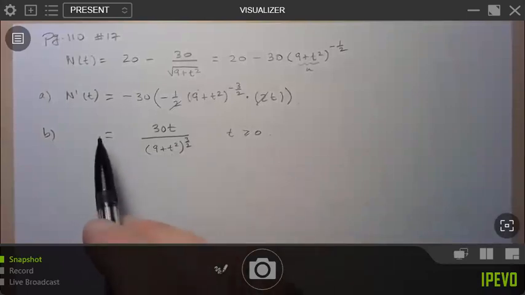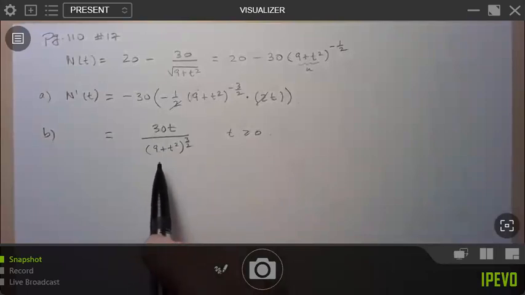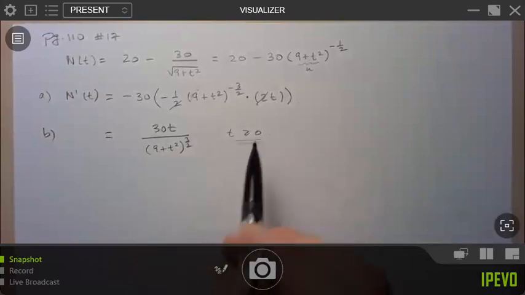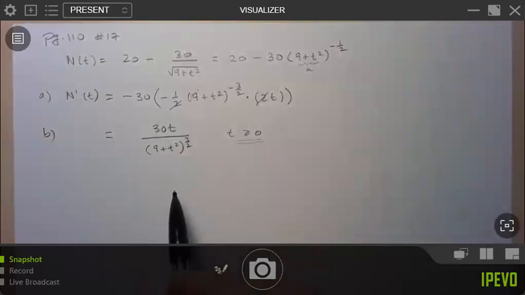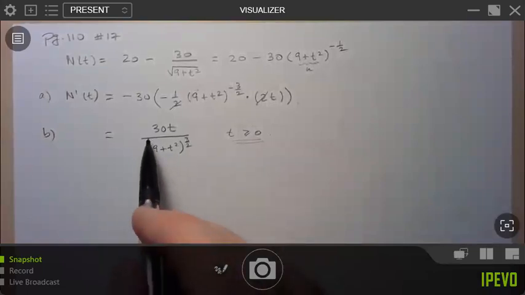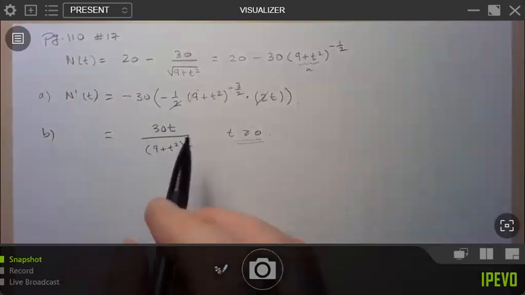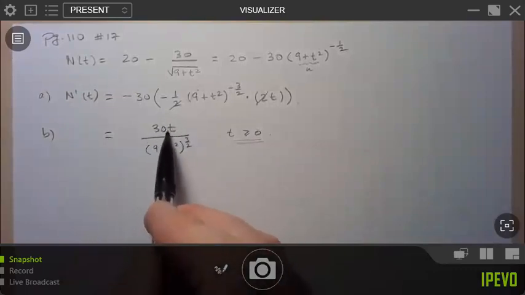So here, essentially what we have to show is, is this derivative ever going to be 0 or negative? Well, remember, t is greater than or equal to 0. So obviously this is 0 at 0, but that's right at the beginning. But we notice that for every other value, this is going to have to be a positive number because 30 times t is going to be positive.